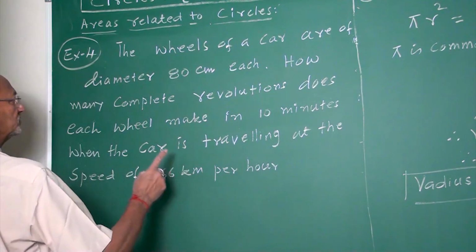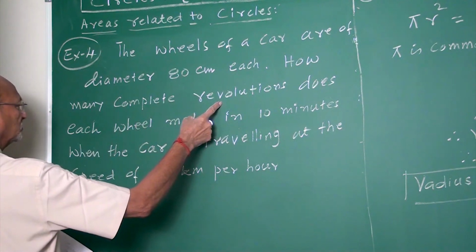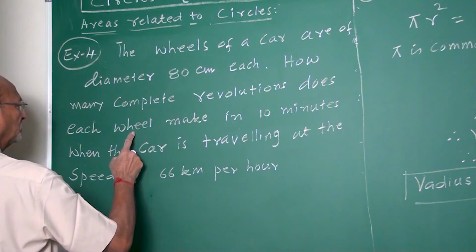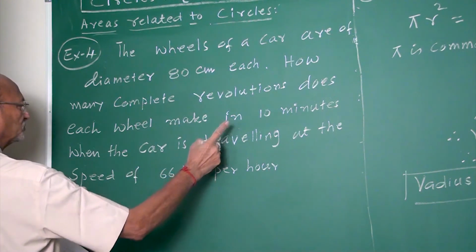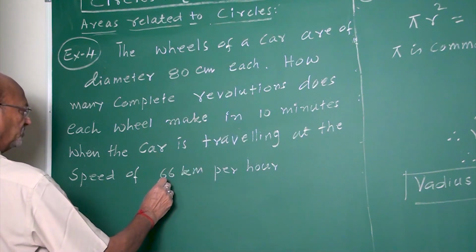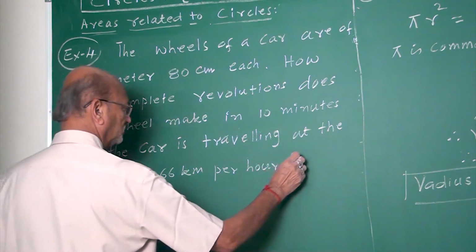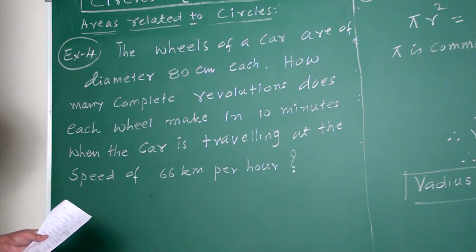Yes, my friends. How many complete revolutions does the wheel make in 10 minutes, traveling at a speed of 66 kilometers per hour? Read once again, my friends.